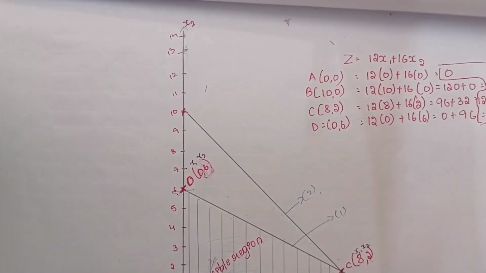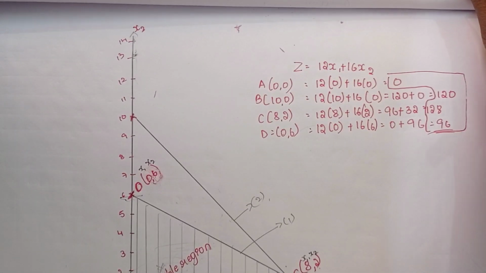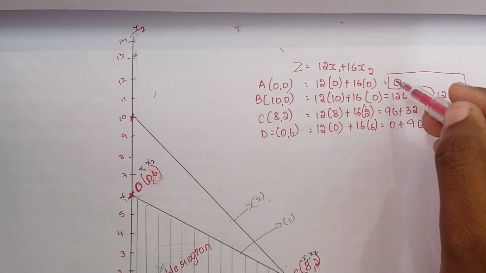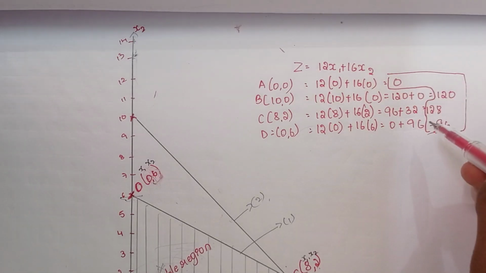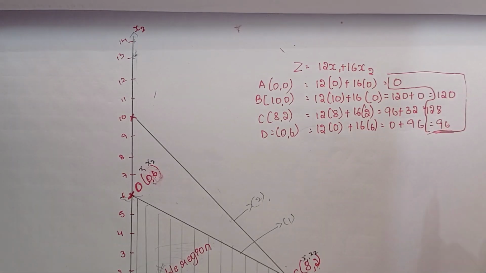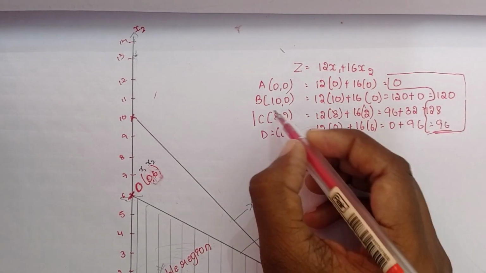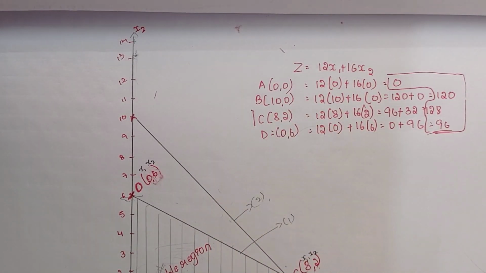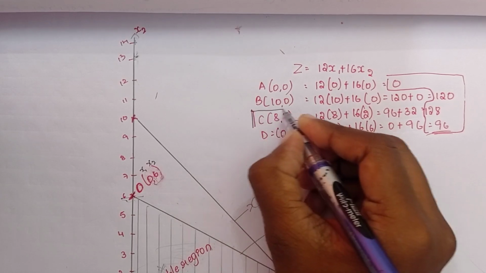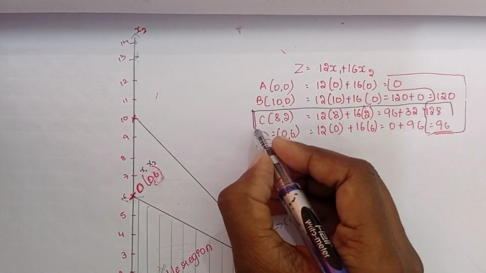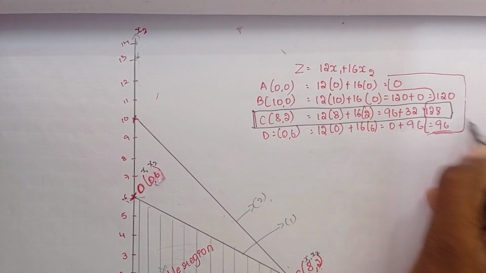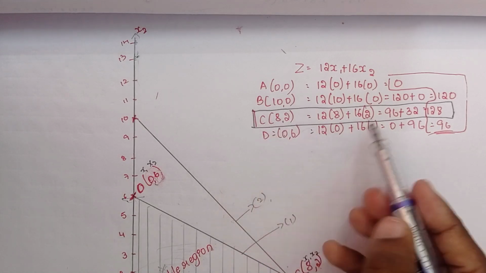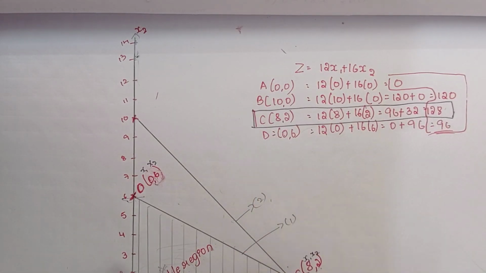We have to identify the maximum among these values. Among 0, 120, 128, 96, the greatest value is 128, which is at the C corner.